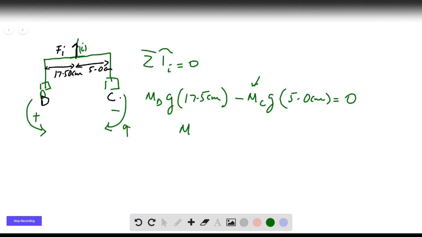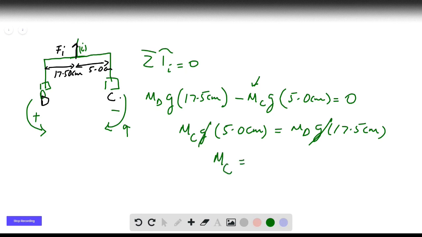So MCG times 5.0 centimeters becomes equivalent to MDG times 17.5 centimeters. These two G's cancel out. So MC equals MD times 17.5 centimeters over 5 centimeters. Okay, we simplify that.